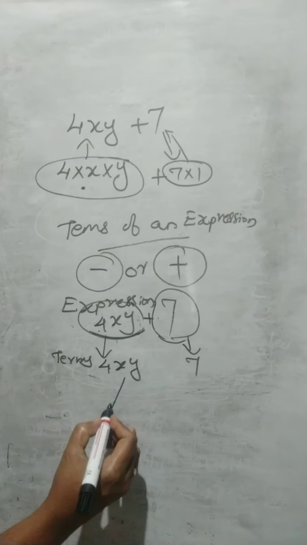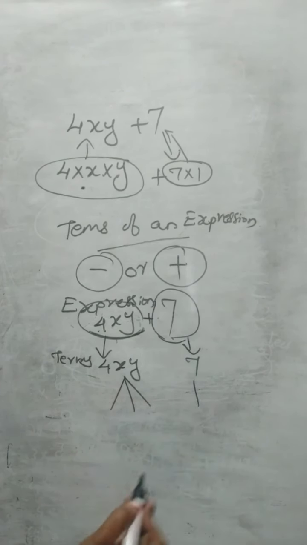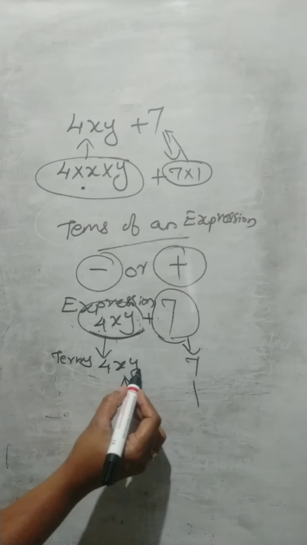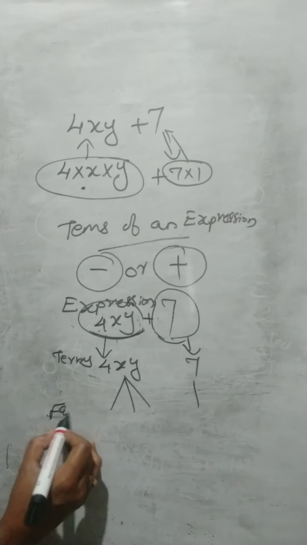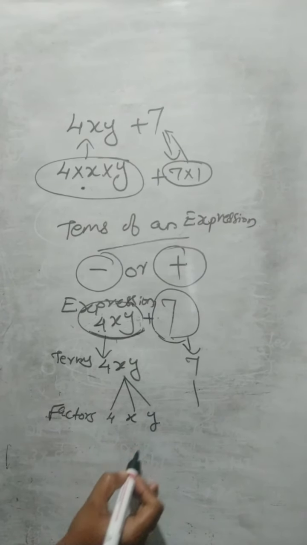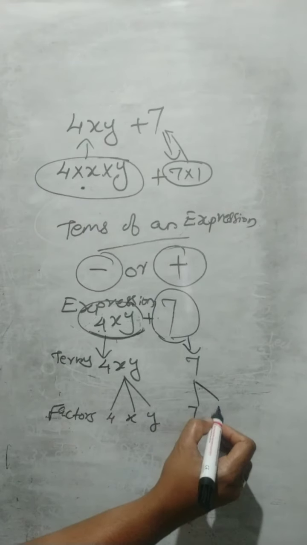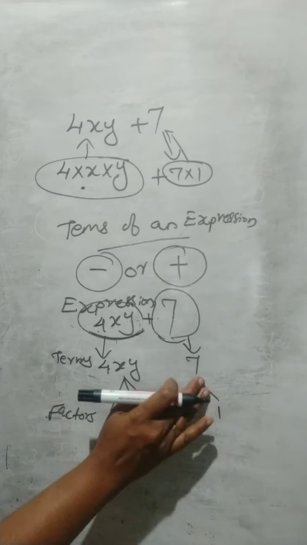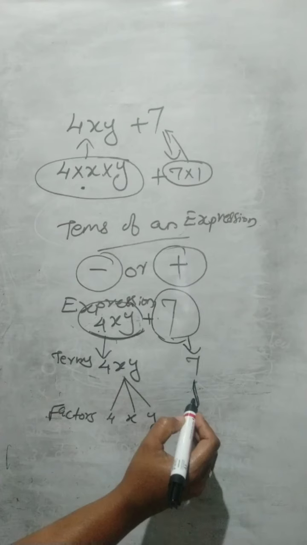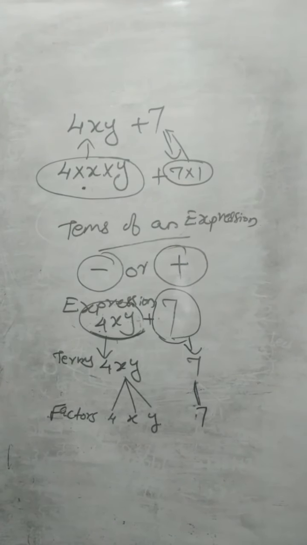Now we can write the factors of 4xy and 7. Here for 4xy, the factors are 4, x and y. For this one we can write 7 and 1, or 7 itself. Okay, we can write simply 7. Clear?